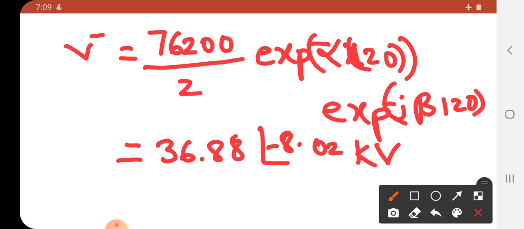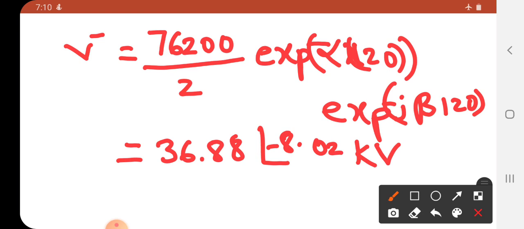So this is the concept you learned today. Incident voltage is represented by V plus, and reflected voltage is represented by V minus.